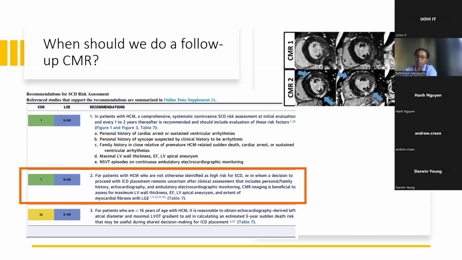Instead, it recommends cardiac MR to be used as a tiebreaker if the standard risk stratifications are inconclusive and the decision for ICD remains uncertain. So in such cases, cardiac MRI can be helpful in identifying apical aneurysms or assessing LV wall thickness and extent of fibrosis.